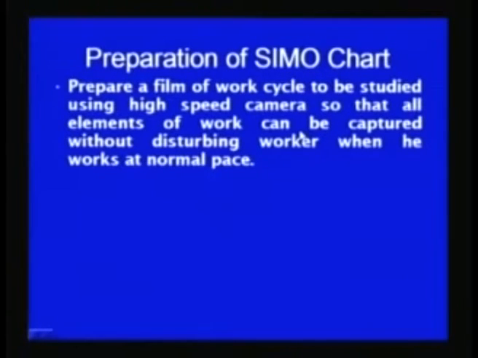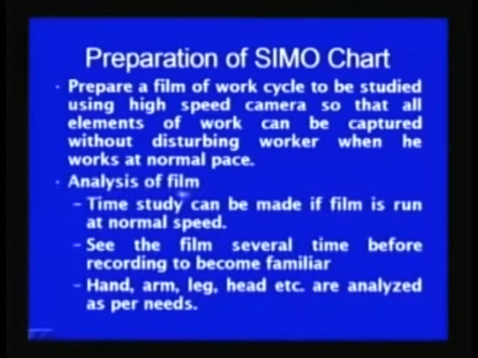The film of the work cycle is captured in such a way that no element of the work is lost, and this is done without disturbing the worker when work is being carried out at normal pace. And when the film is analyzed, it helps to give us various information.